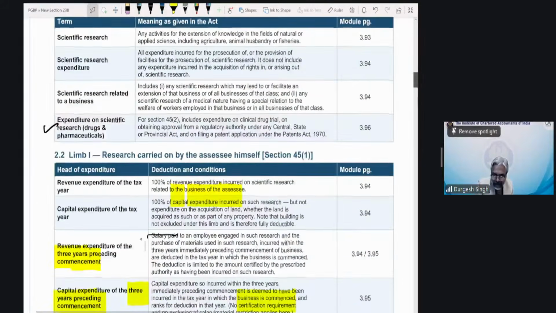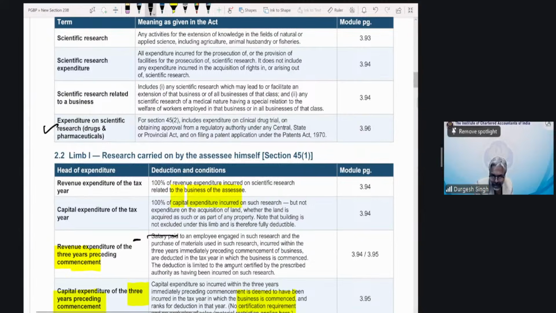It is salary and purchase of material, two things, one and two. Purchase of material which is used for research. So salary paid to the employees engaged in the research and purchase of material, that is what will be allowed, for the 3 years immediately preceding the commencement of business. Are deducted in which tax year? In the tax year in which the business is commenced.